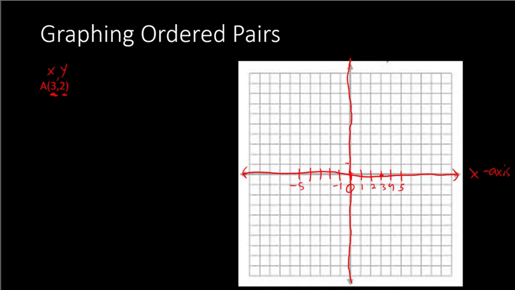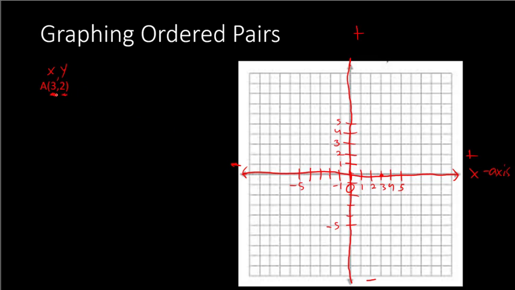When you go up, that is positive numbers: +1, +2, +3, +4, etc. And when you go down, that would be negative numbers, like -1, -2, -3, -4, -5, etc. So going up is positive, going down is negative. To the right is positive for x, to the left is negative for x.